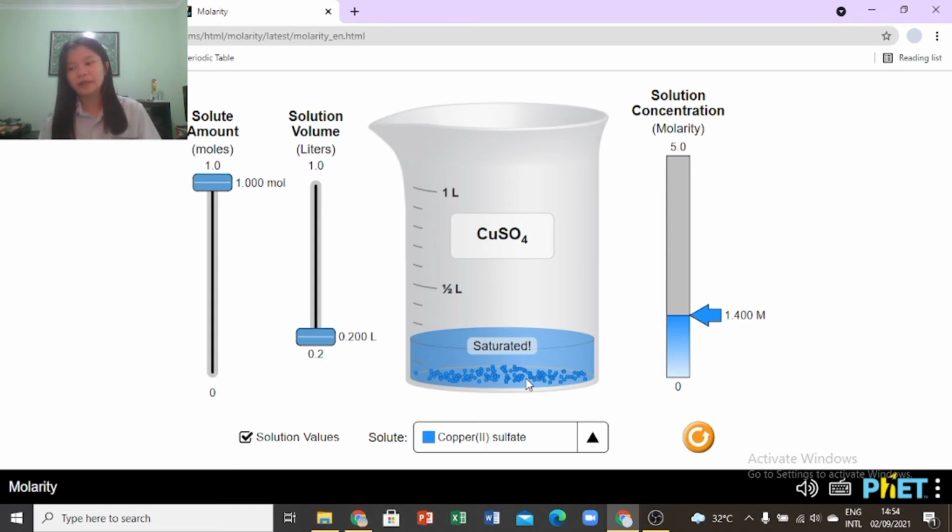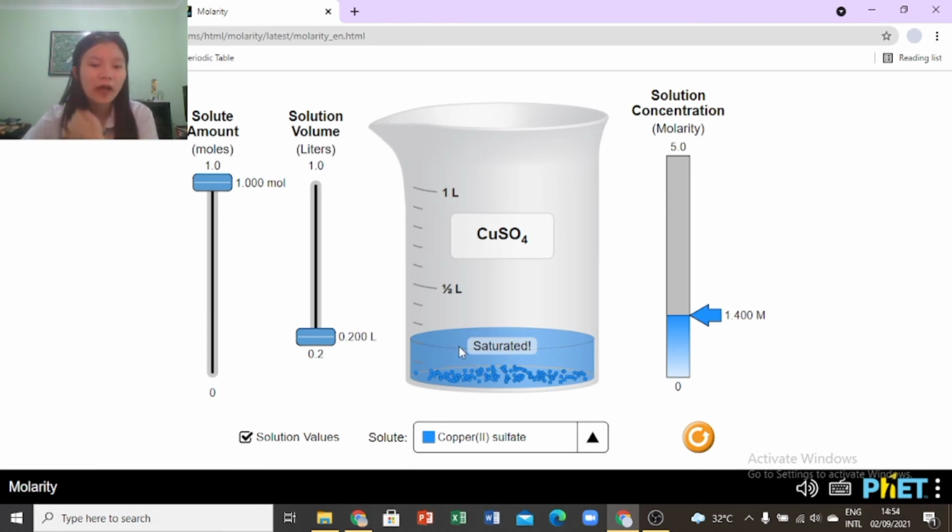It's happening because this is a solution in which the maximum amount of solute has been dissolved. Because the solute has already reached its highest molarity, crystals will form at the bottom of the beaker. That's why it's called saturated, because the solution is saturated.